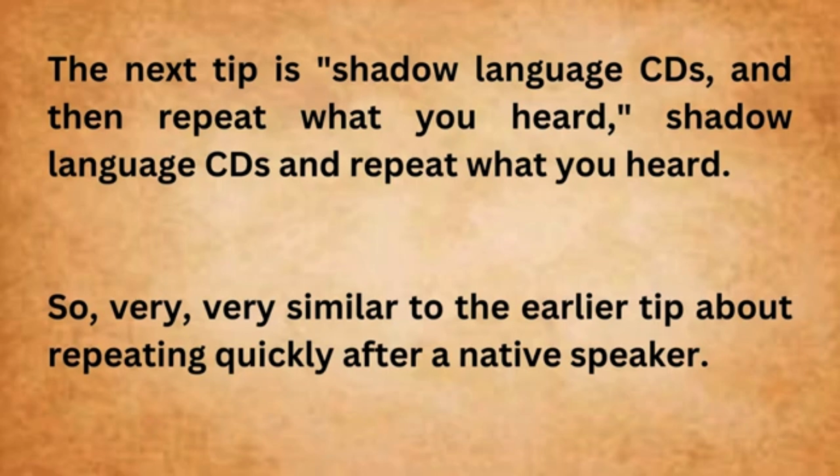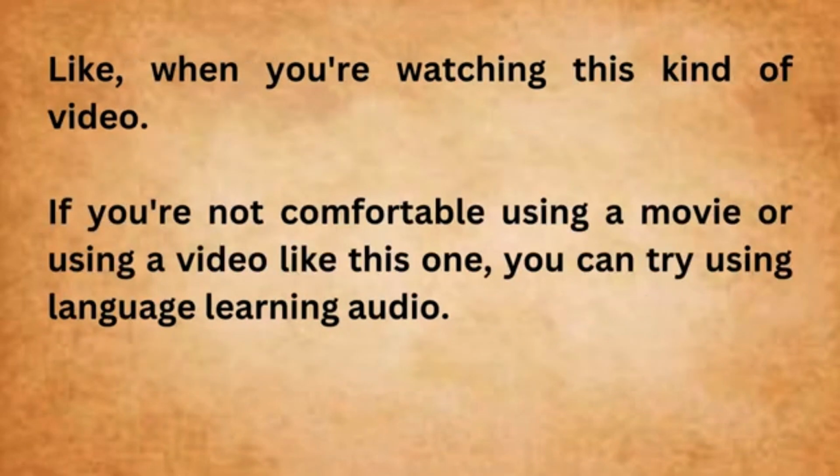The next tip is shadow language CDs, and repeat what you heard. So, very similar to the earlier tip about repeating quickly after a native speaker, like when you're watching this kind of video. If you're not comfortable using a movie or a video like this one, you can try using language learning audio.